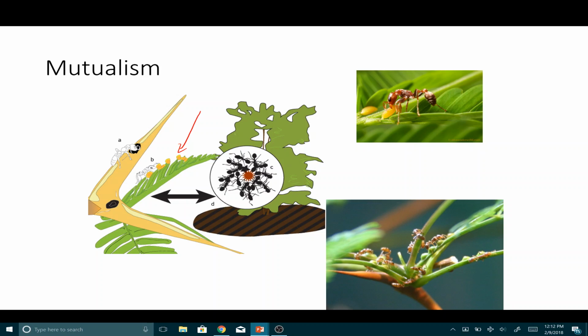So what you'll notice when you look at these acacia trees is that the tree is kind of by itself. There's not a lot of other shrubs growing around it, basically because these ants will attack and destroy plants that are trying to outcompete the acacia tree, because it provides them with a lovely home and food.